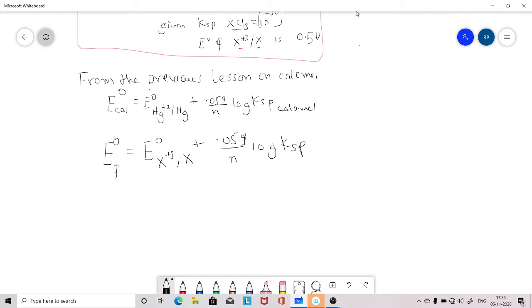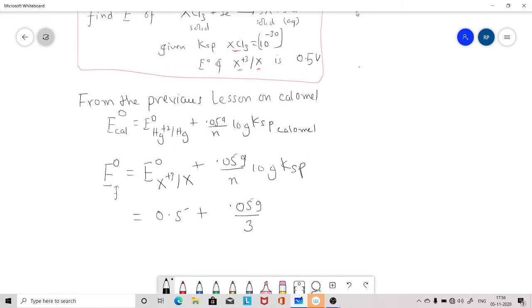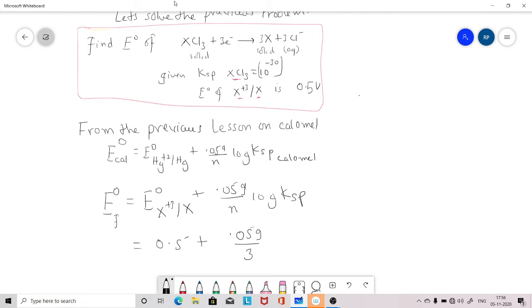X plus 3 is given as 0.5, plus 0.059 upon 3. 3 is the number of electrons here. You can see that X plus 3 to X involves 3 electrons, so that is your n, log of 10 to the power minus 30.